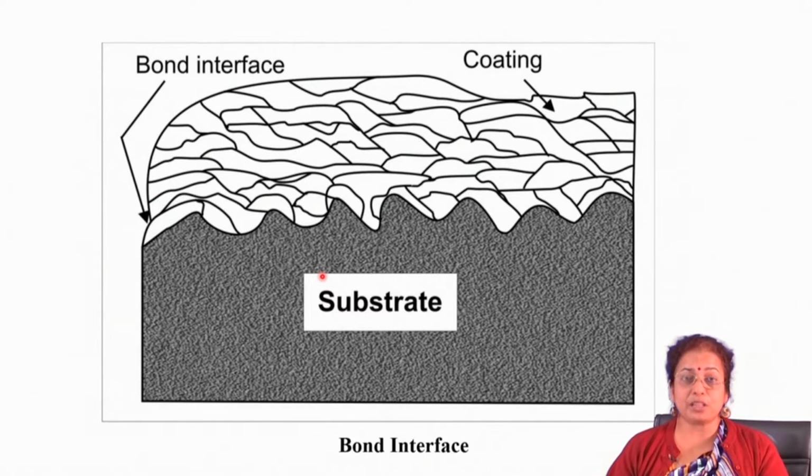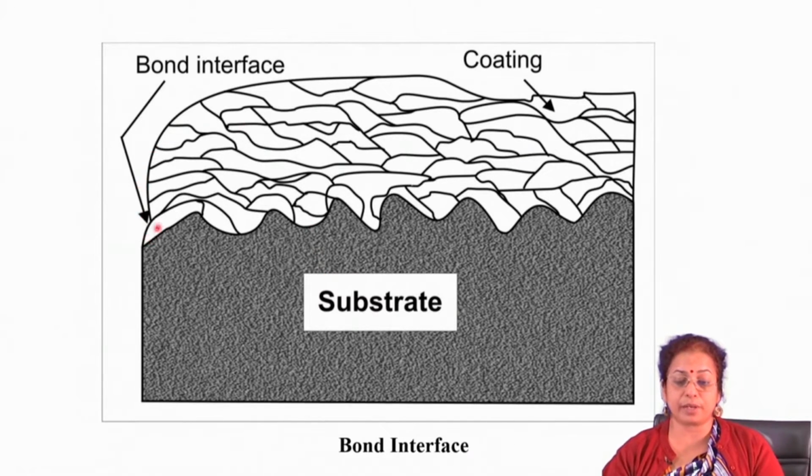Now, if you think of the interface, you will find that at the interface, if you check carefully by scanning electron microscopy, there is impingement of the particles. It is important that these particles, whether semi-solid, solid or liquid, should ideally get impinged on the substrate surface.